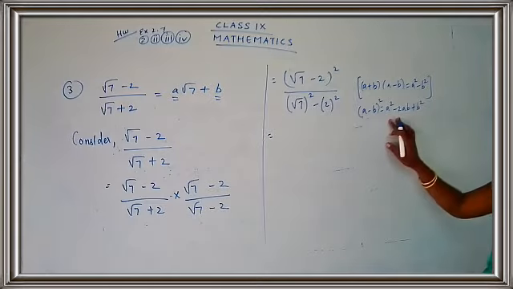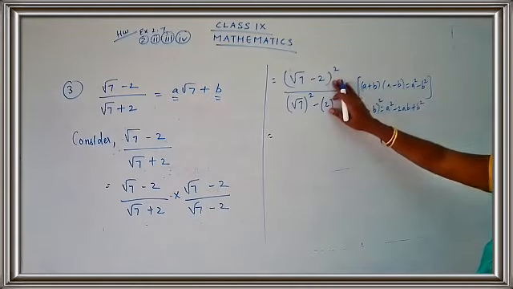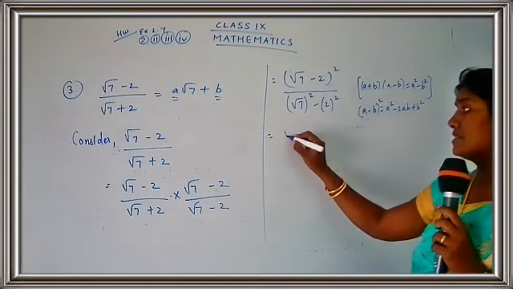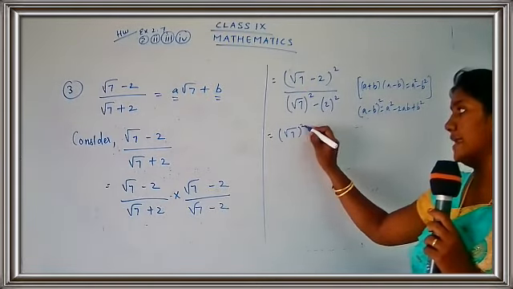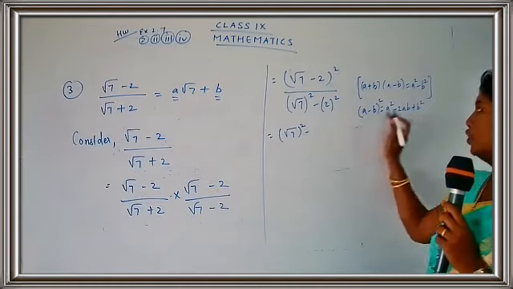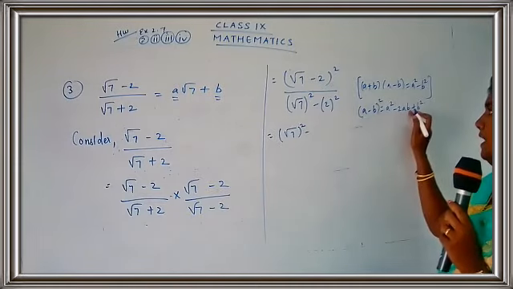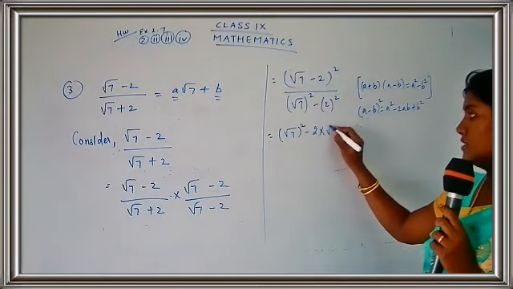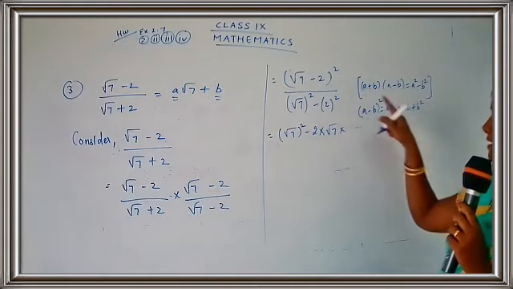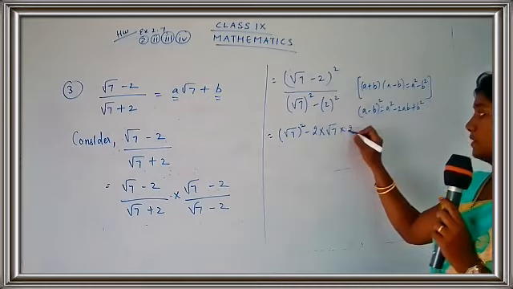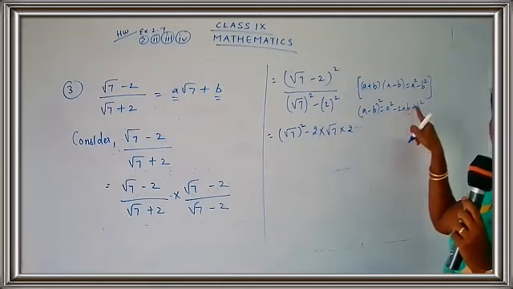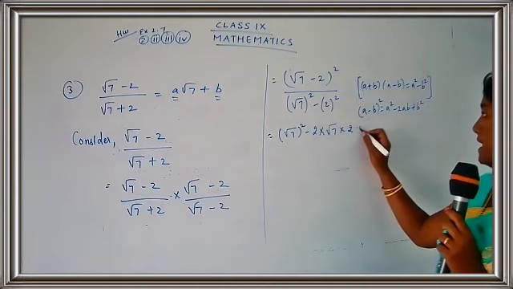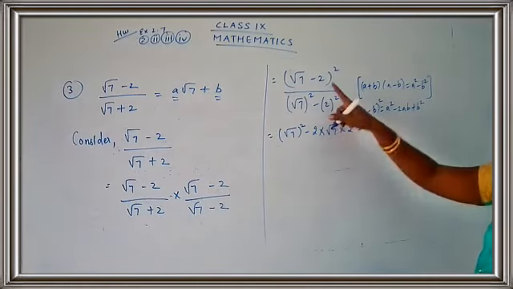Now I'm just going to apply this identity over here. What is a square? Root 7 the whole square, minus 2 into a into b. a is root 7, b is 2, so 2 into root 7 into 2, plus b square, that's 2 square.